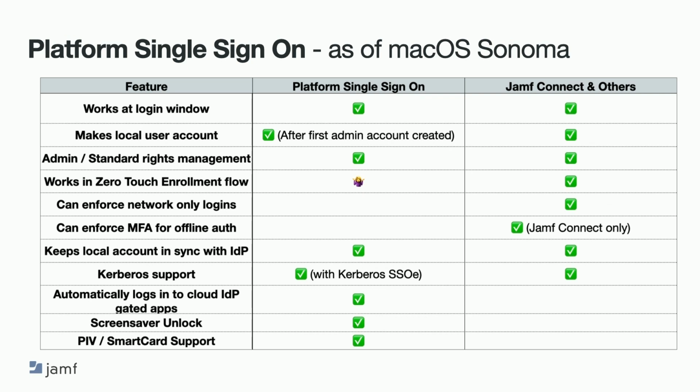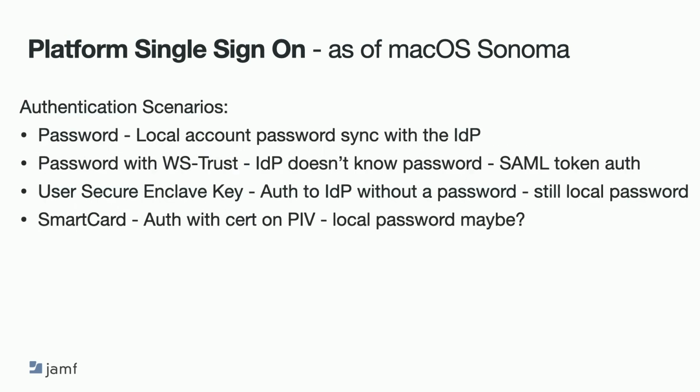This new enrollment flow has some different authentication scenarios for the login screen, which might make it interesting for what a local account's password actually is. So there is a password sync, much like what Jamf Connect does now. It goes out and hits an ROPG endpoint and actually determines, yes, this is the password for that user. Therefore, make their local account 1, 2, 3, 4, 5.